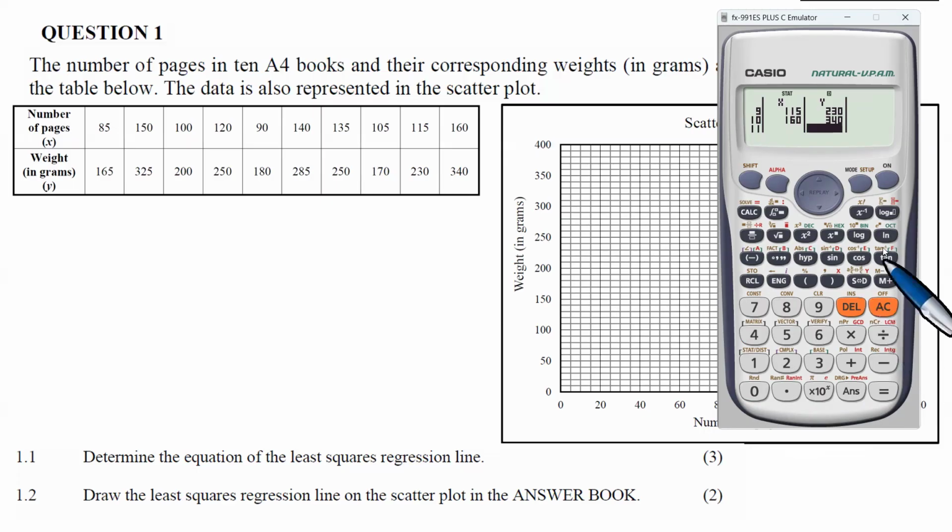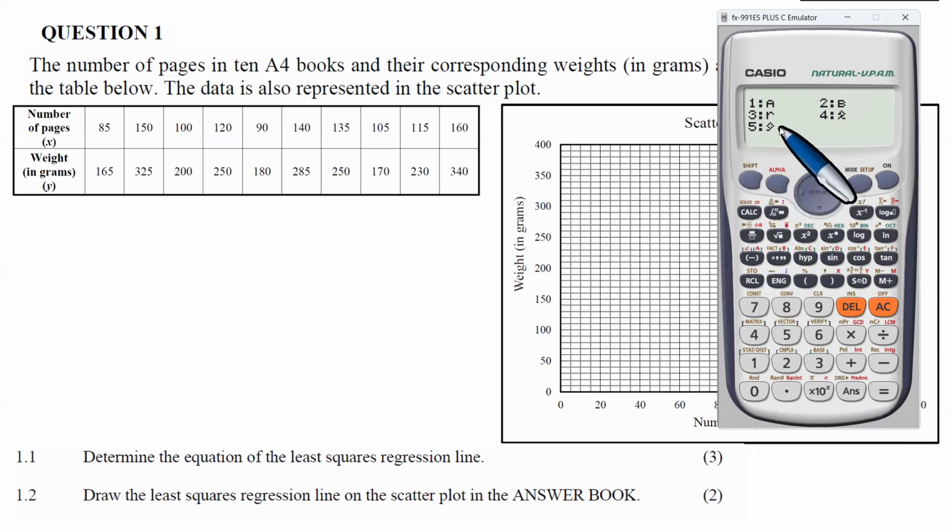Now with this, you press the on button and go to stat again. You need 5, regression. Then you look at the variables you want.